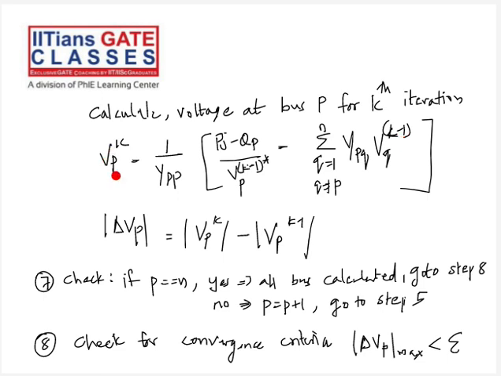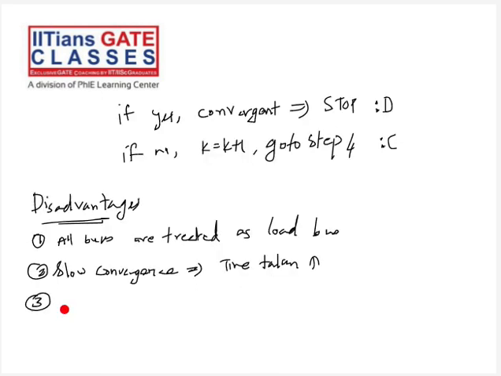But suppose we are calculating for the 100th bus, we have new voltages for up to the 99th bus. So we could actually use that, but instead we keep on using the old value, right? So basically the old voltage profile is used.